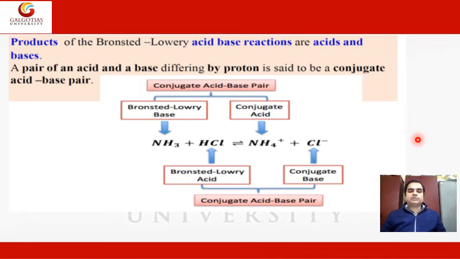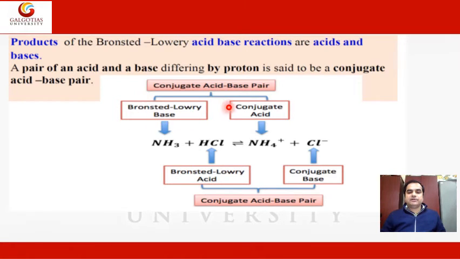Now, what are the products of Bronsted-Lowry acid-base reactions? Basically, these are acids and bases. A pair of an acid and a base which differ by a proton is said to be a conjugate acid-base pair.